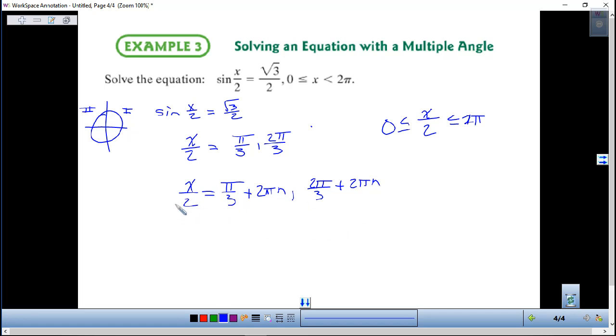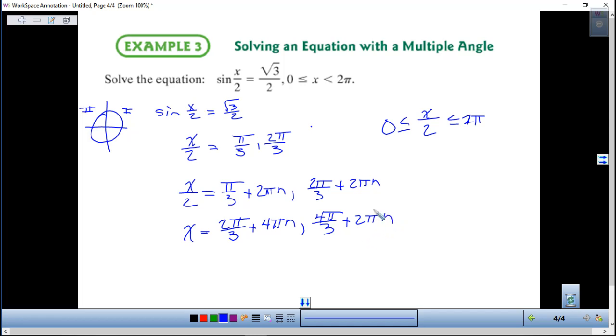Now then we're going to solve for our x, which means we're going to multiply everything on both sides by 2. So x is equal to 2 pi over 3 plus 4 pi n and 4 pi over 3 plus 4 pi n.